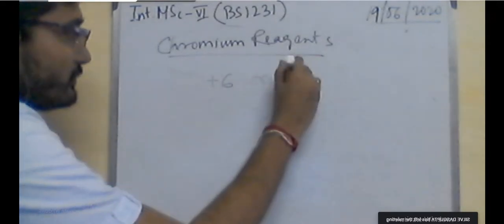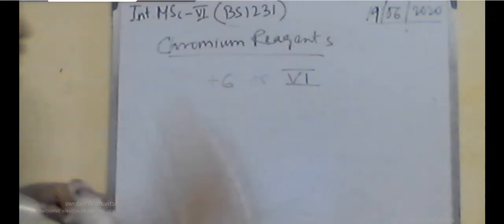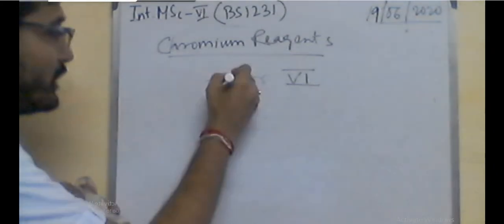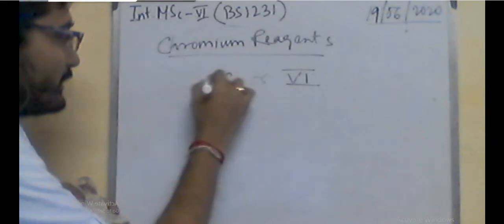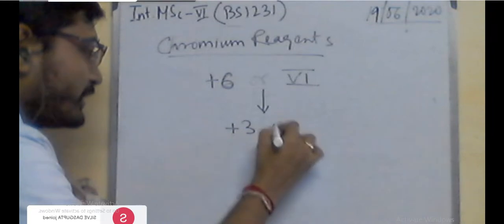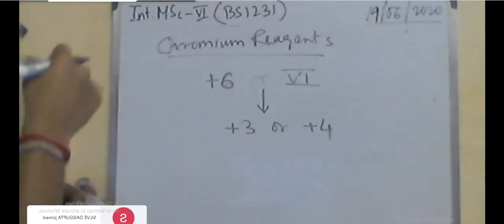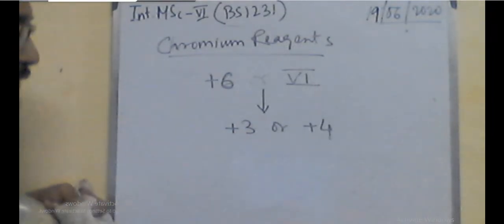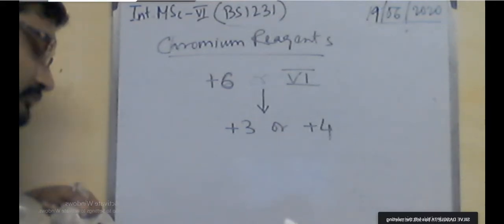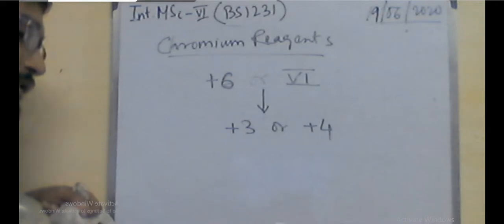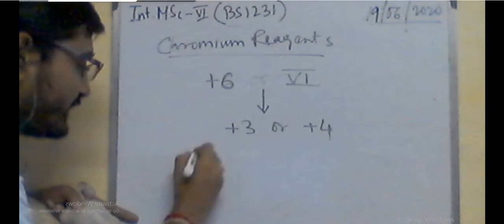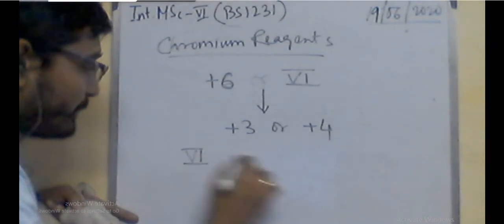Okay. Here in the example which I have shown, you can see the oxidation by using the chromium reagent, where the oxidation state has changed from +6 to +4. Now there are several chromium reagents which can oxidize. Mainly we use the chromium reagent to oxidize alcohols, primary, secondary and tertiary.